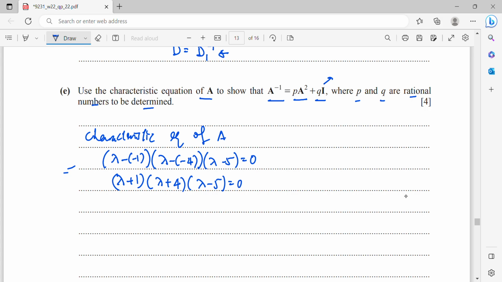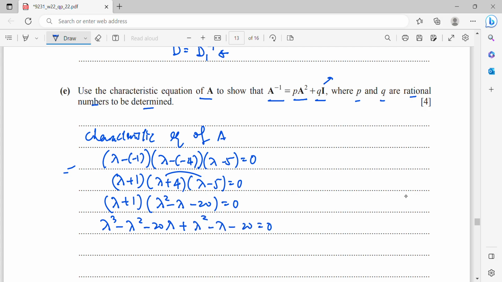So from here, you'll be getting the expansion of lambda plus 1 times lambda plus 4. It would be a quadratic, so lambda squared minus lambda minus 20 equals 0. And do the expansion again. Lambda cubed minus lambda squared minus 20 lambda plus lambda squared minus lambda minus 20 equals 0.